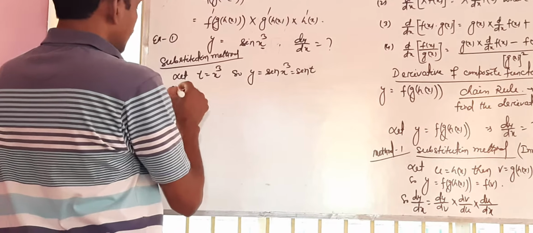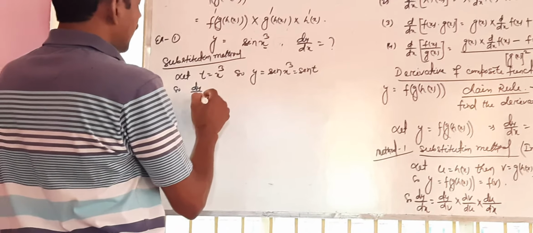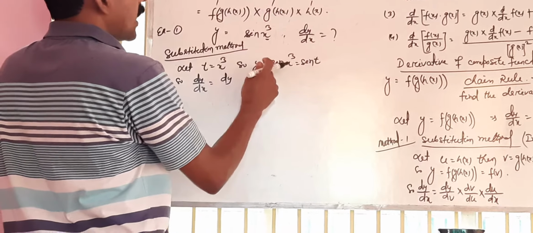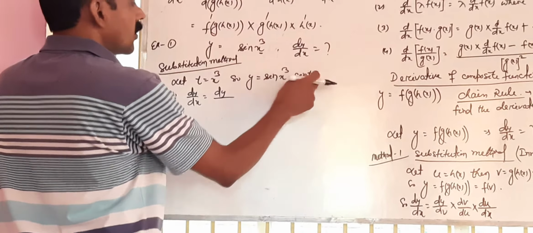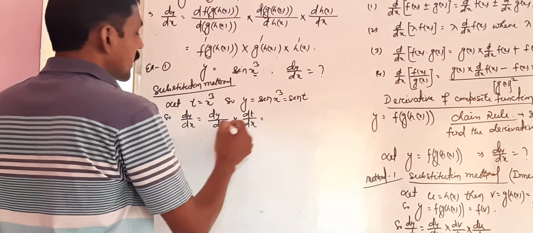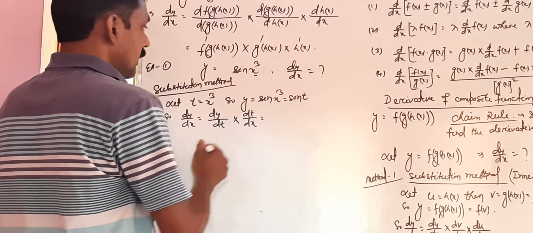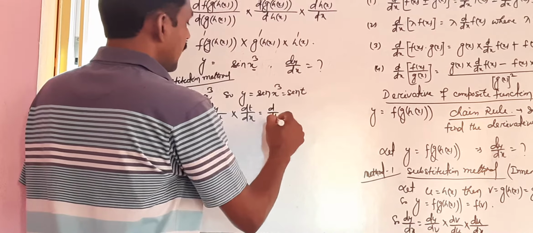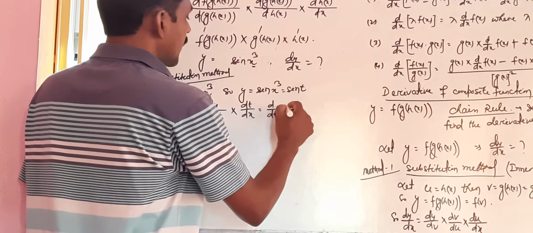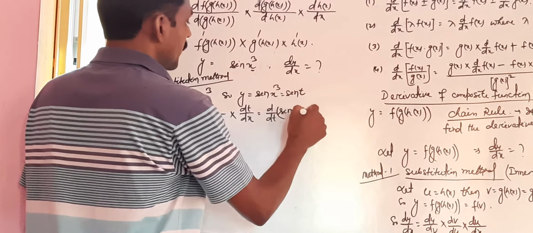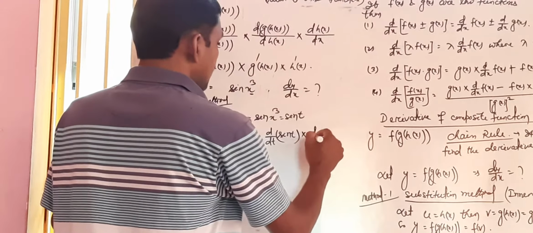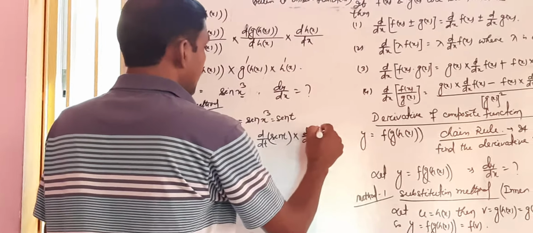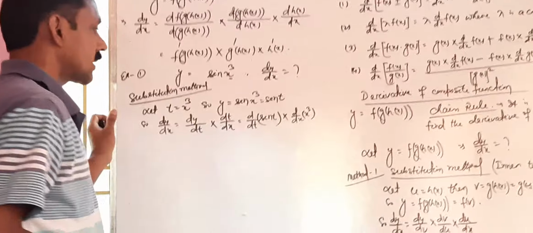Hence dy by dx is dy by, now y is a function of t, so always look for this, dt, and t is a function of x, dt by dx. So dy by dt means d by dt of sin t into dt by dx, so d by dx of x cube.